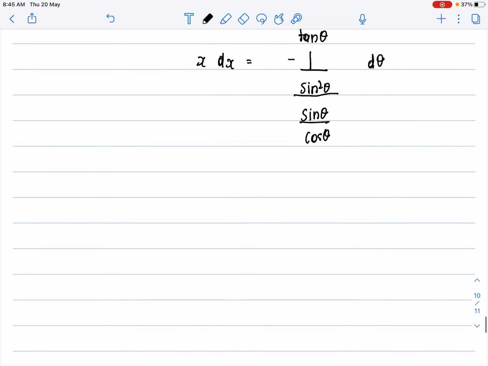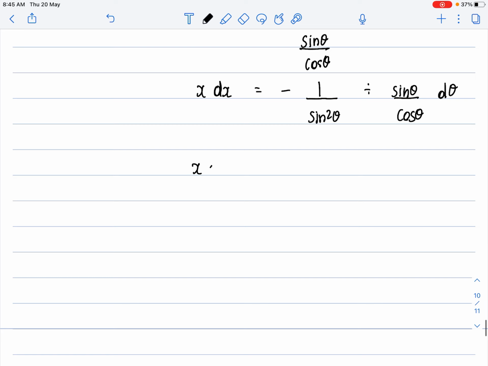This gives x dx equals minus 1 over sine square theta times cos theta over sine theta d theta.